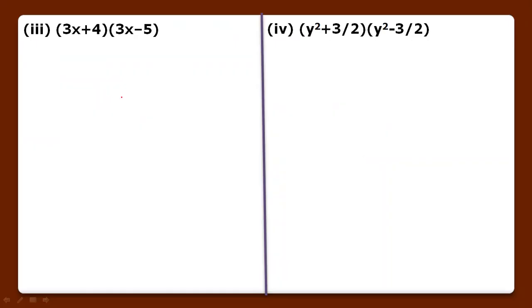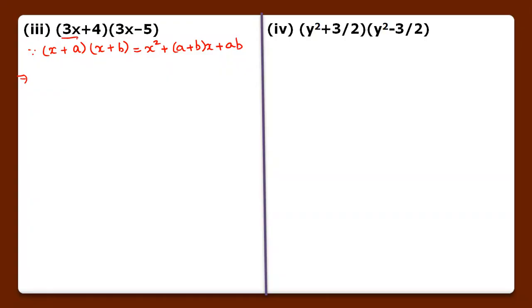Third part, 3x plus 4, 3x minus 5. Again the same identity, x plus a, x plus b is equal to x square plus a plus b into x plus ab.